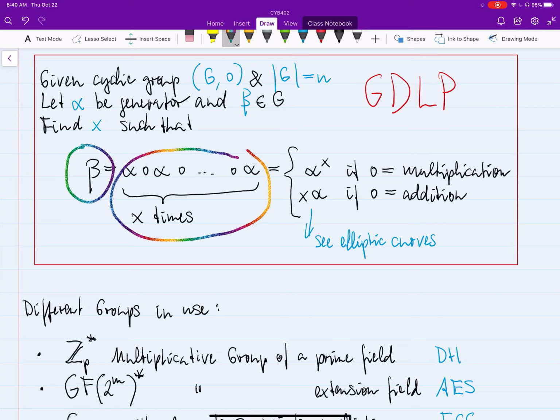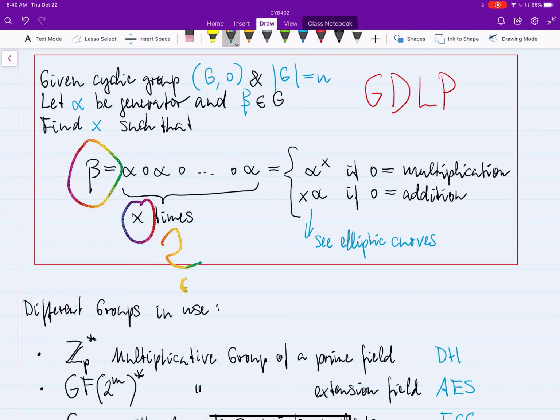So apply the group operation to the generator x times: alpha, donut, and so forth, x times, which would allow us to arrive at beta. Given beta, that's the problem to be solved. What is the x?